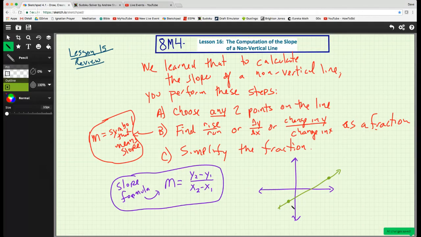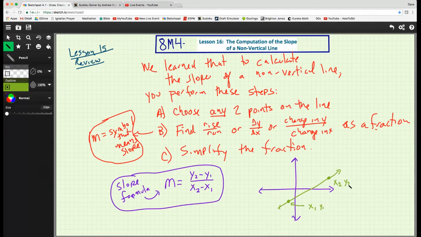This point here, we're going to call point 1, so that's going to have coordinates of x1, comma, y1. I'm going to make this so obvious you can't possibly miss it. This is going to be x1, y1, and this is going to be x2, comma, y2.